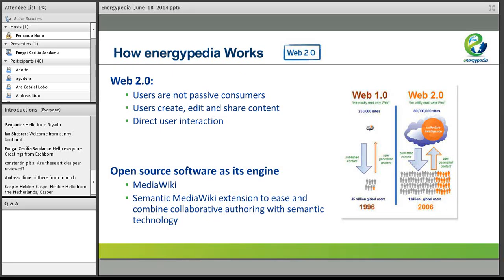At Energypedia, as I mentioned, we rely on open source and open formats, and we use MediaWiki as our engine. Semantic MediaWiki is the extension that we use to ease and combine collaborative authoring with semantic technology.